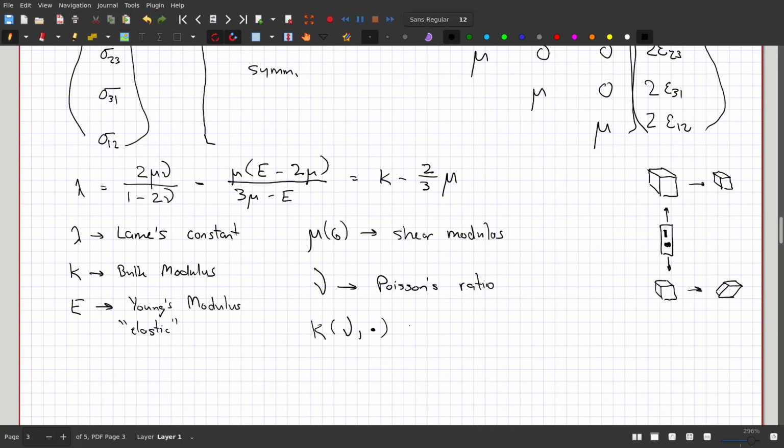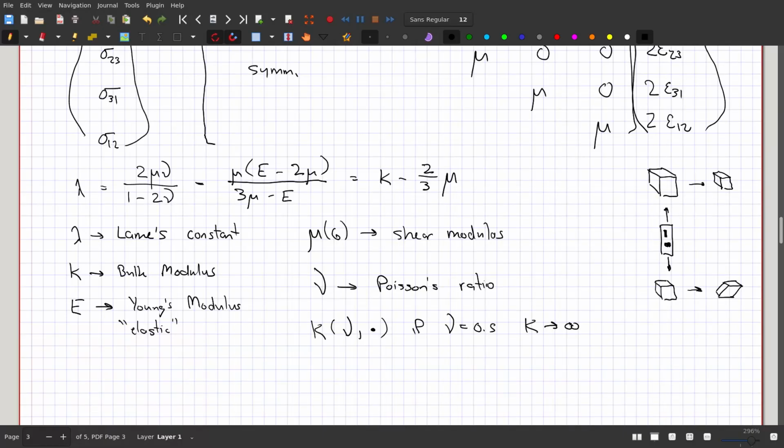So if Poisson ratio equals 0.5, then K is infinity. So the material is said to be incompressible because the bulk modulus goes to infinity when you have a Poisson ratio of 1/2, according to this theory.